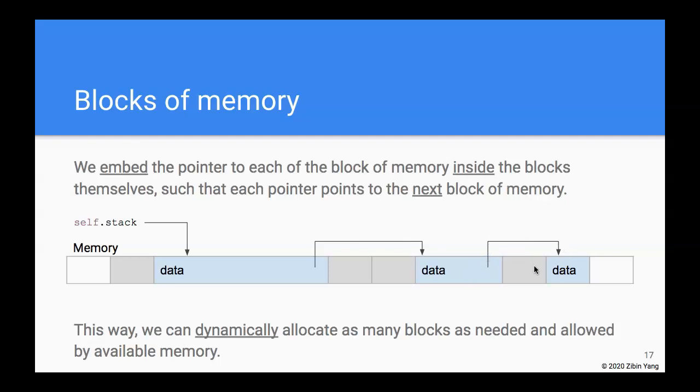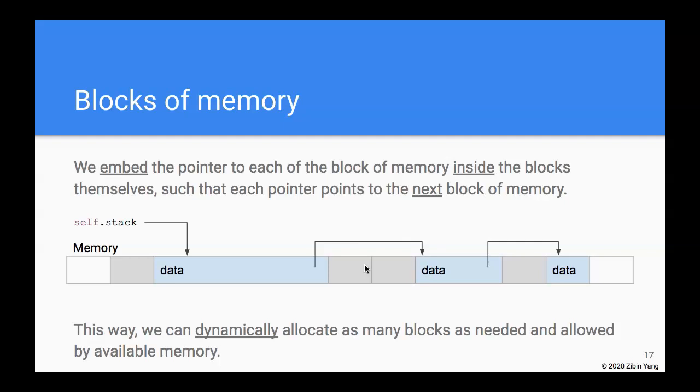And in this way, if we need more blocks to store more data, we can just keep allocating more blocks, and we just keep chaining up these blocks with a little pointer that is embedded in each of them. So in this way, using this chain of memory blocks, we can store as much data as there is space in the computer's memory.